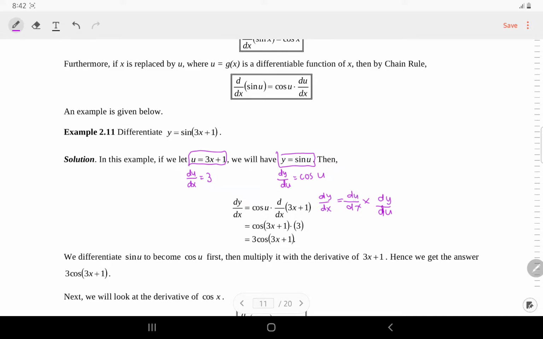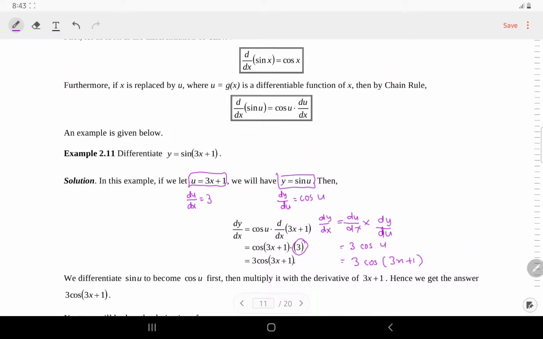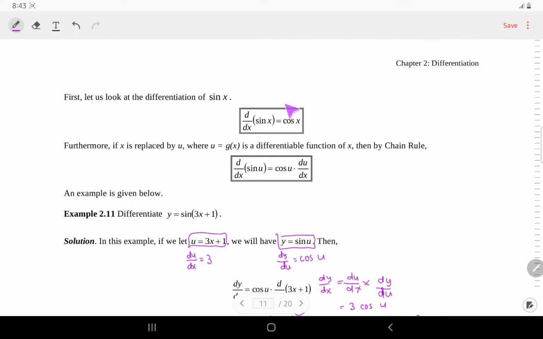Okay, kalau kita cancel out du, so du over dx is 3. Dy over du is cos u, so 3 cos u. Okay, so u change it back into 3x plus 1. So this is our final answer, 3 cos 3x plus 1. Okay, this is the concept for differentiation of sine.